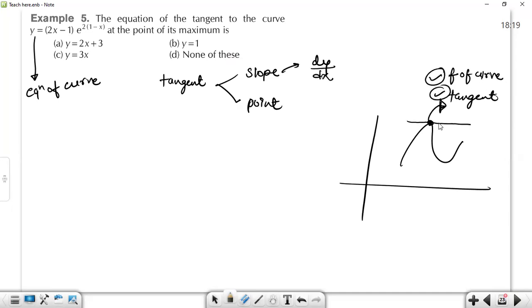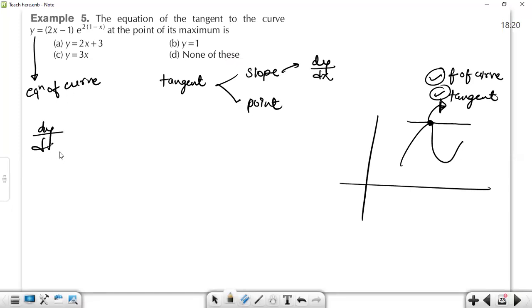You will get to know how to find this particular point. So let's first discuss the maximum condition of this function. For finding its maxima or minima, let's use the second derivative test.